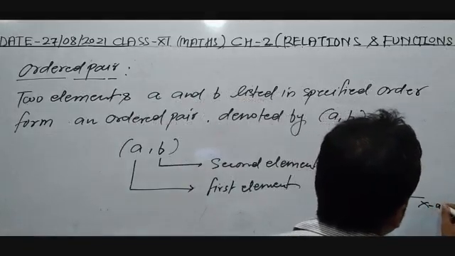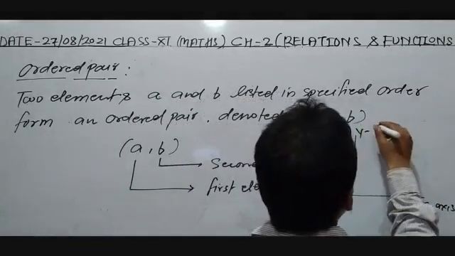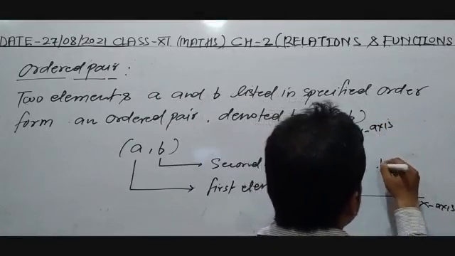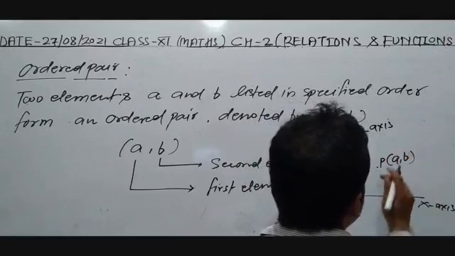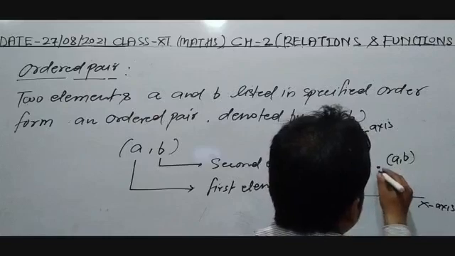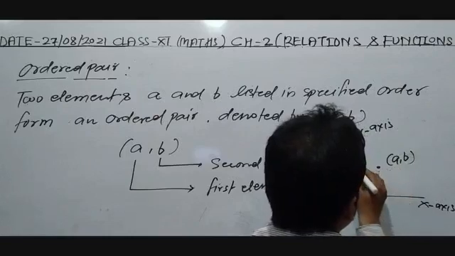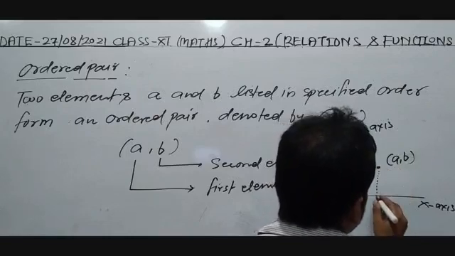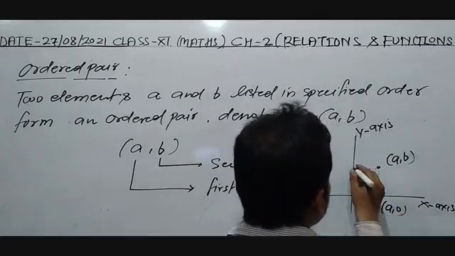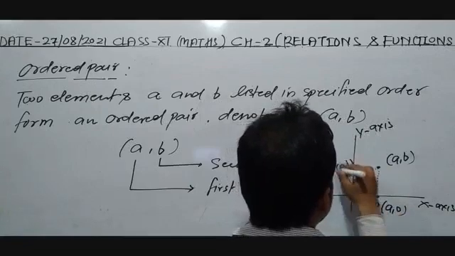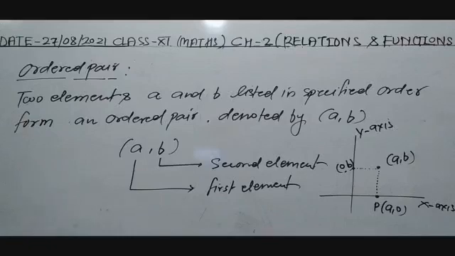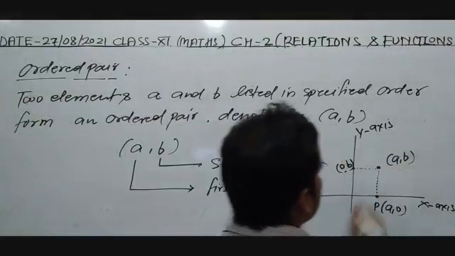Suppose this is the x axis and this is the y axis, and this is the point P with coordinates (a, b).